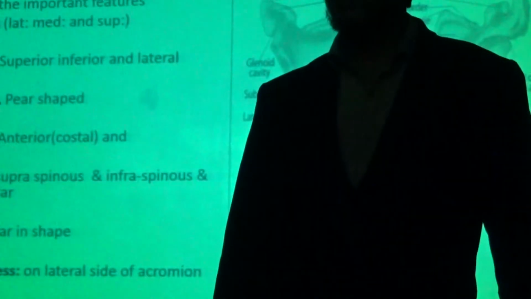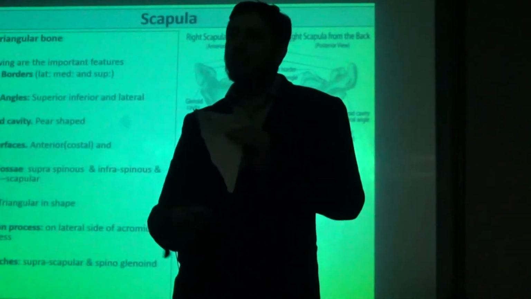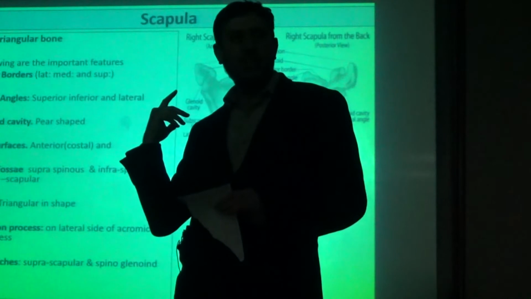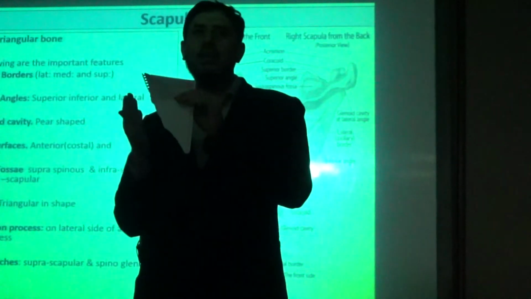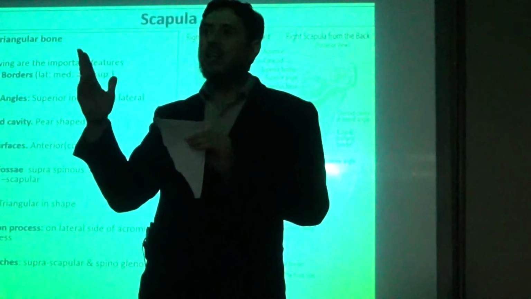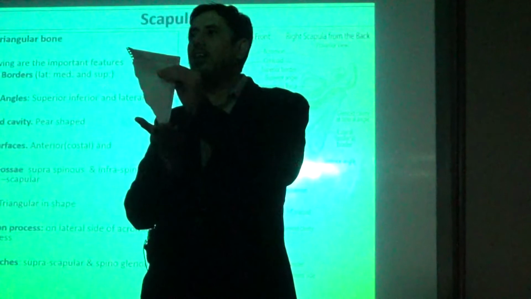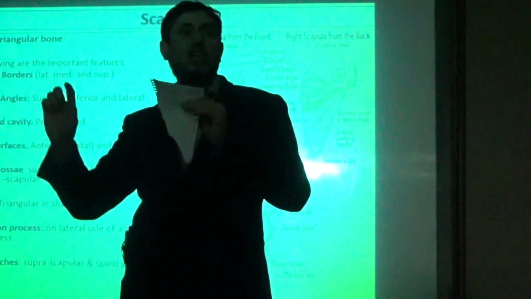Okay, now look at this. I am speaking about the scapula. In 30 seconds you can understand. Scapula is a flat bone. It is triangular in shape. It is present on the posterior side of the thorax. It has three borders: superior, lateral and medial. It has three angles: superior angle, inferior angle and a lateral angle, which is broad and is known as the glenoid cavity.